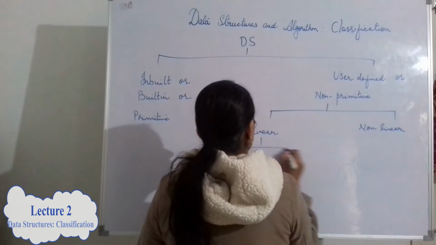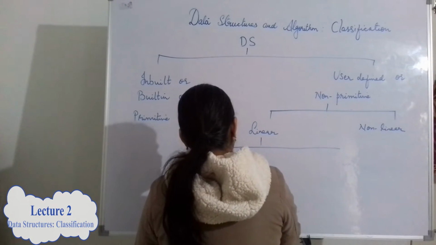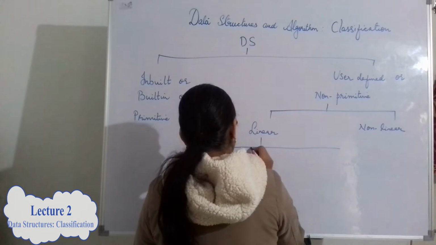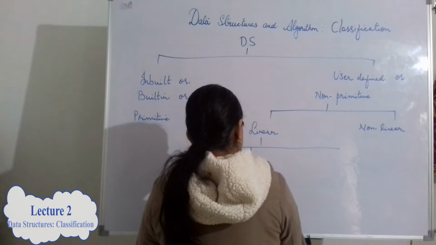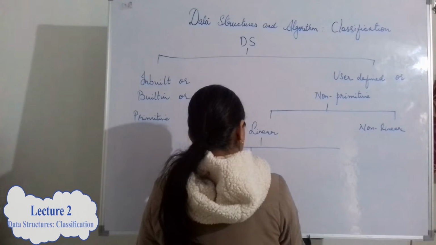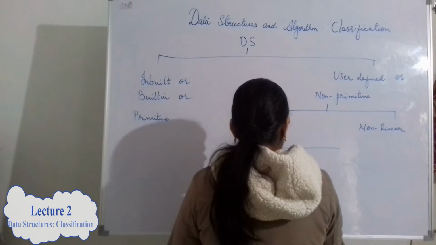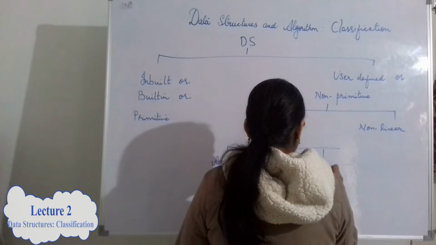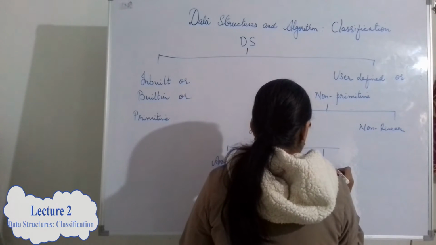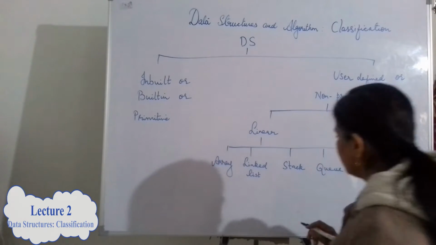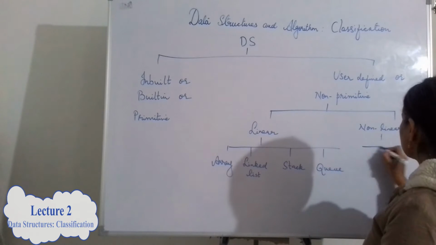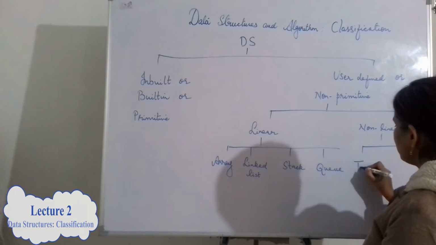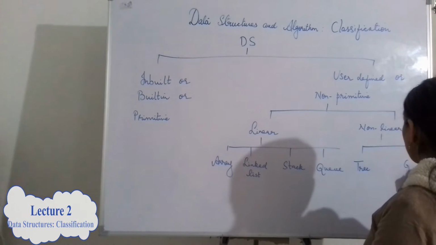The examples of linear data structures are array, linked list, stack, queue, and non-linear data structures are tree and graph.